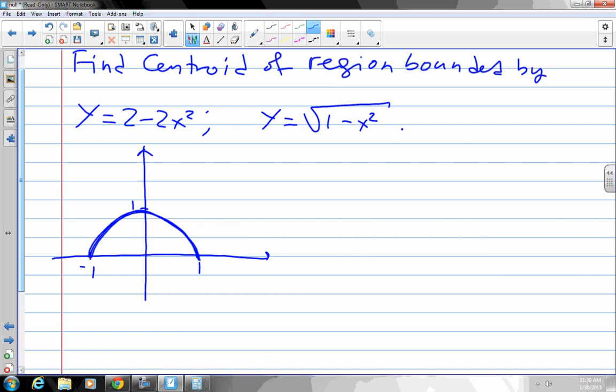And the other one is an upside down parabola shifted 2 units up, but it will have the same intercepts. So it'll be like that. So we're looking for this region.